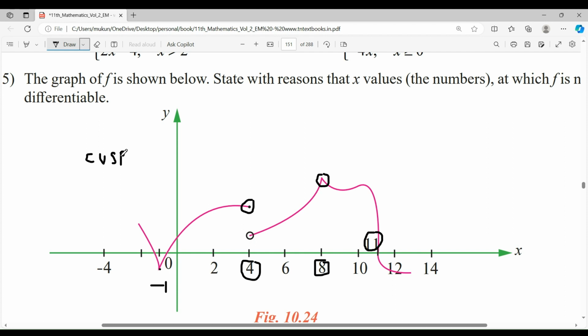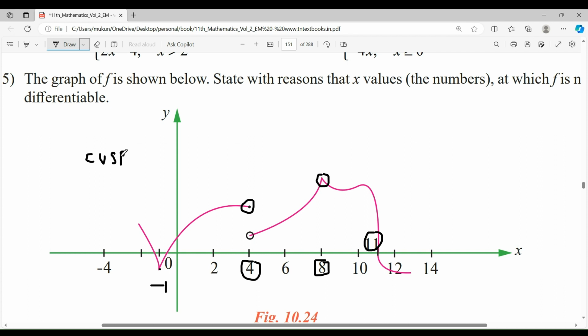And similarly, if your left hand derivative is negative, then your right hand derivative is positive. And why is that? Because the curve changes direction as it moves through the sharp cusp -1, right? And we call this a vertical cusp when you know that the slope of the tangent at the cusp, in this particular case -1, is infinity, which means that we have a vertical tangent through the point -1.